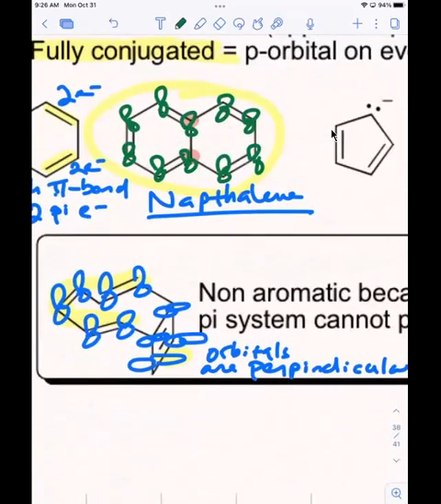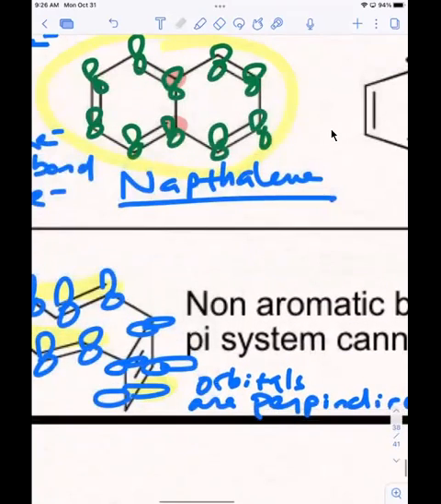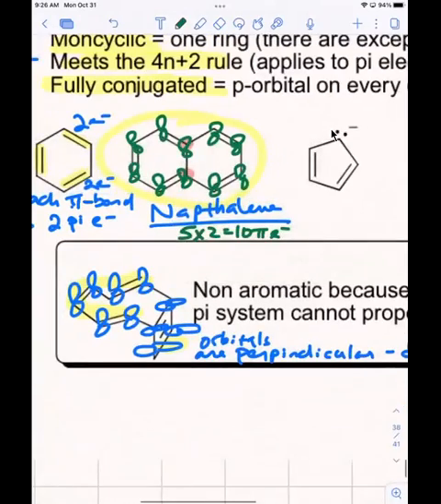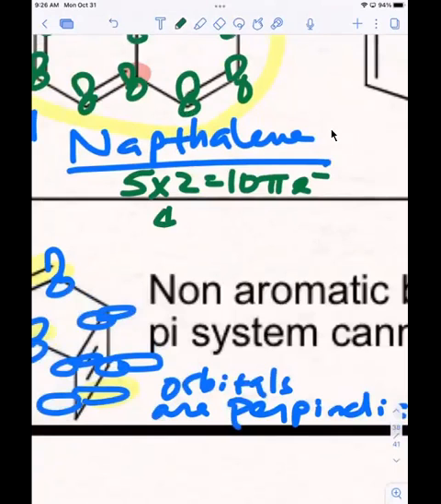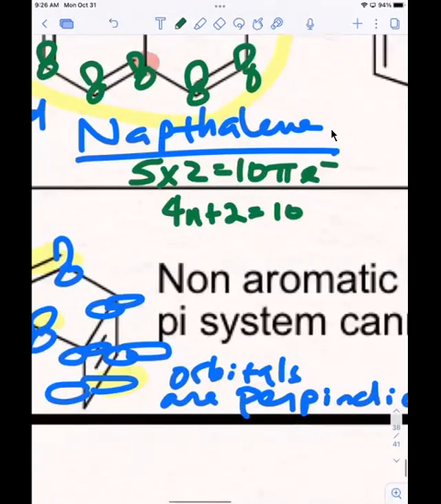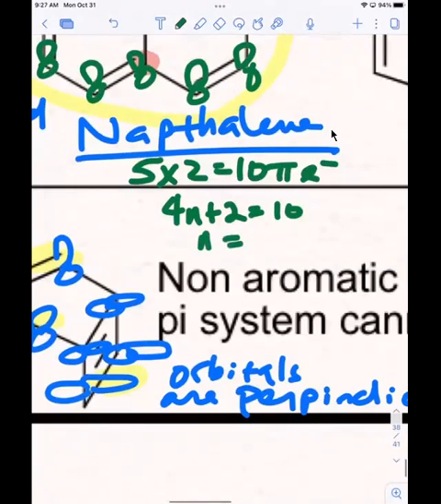You've got 5 pi bonds. How many pi electrons do you have? It's always going to be the number of pi bonds times 2. So you've got 10 pi electrons. So 4n+2 is going to be set equal to 10, and n will be what?